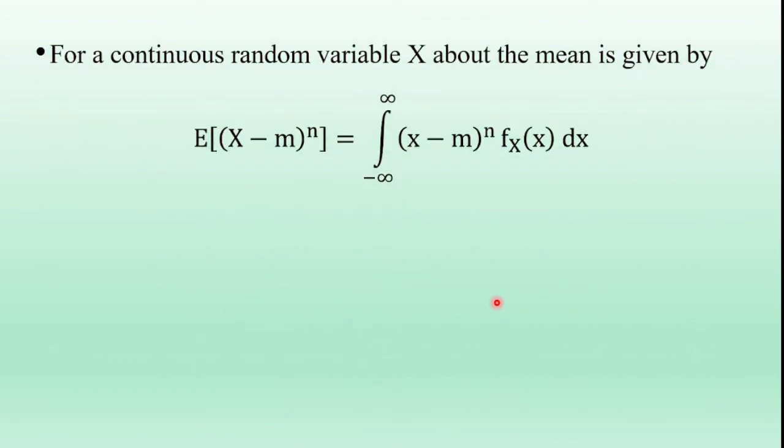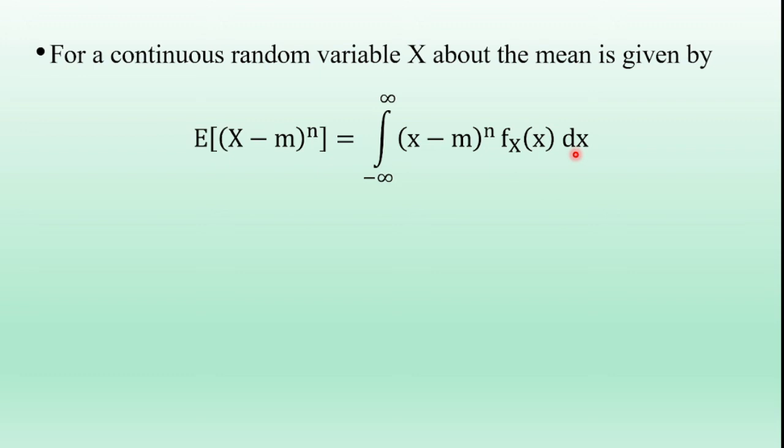Similarly, for the continuous case, expectation of (X minus m) whole to the power of n is equal to integral from minus infinity to infinity (x minus m) whole to the power of n into fX of x dx. Here, small m is the mean value of the random variable. So these are the moments of a random variable, that is, moment about the origin and moment about the mean.